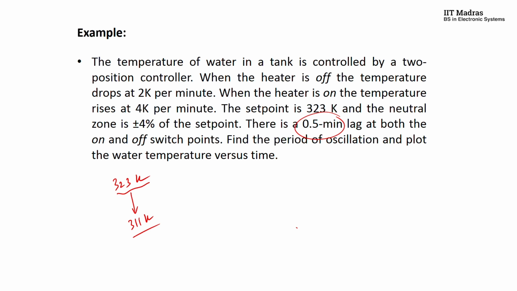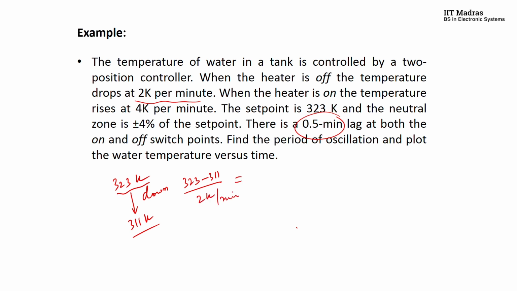When I want to come down from 323 to 311, the drop in temperature is 2 Kelvin per minute. That means 323 is the upper limit and 311 Kelvin is the lower limit, and dividing by 2 Kelvin per minute will give you the time.